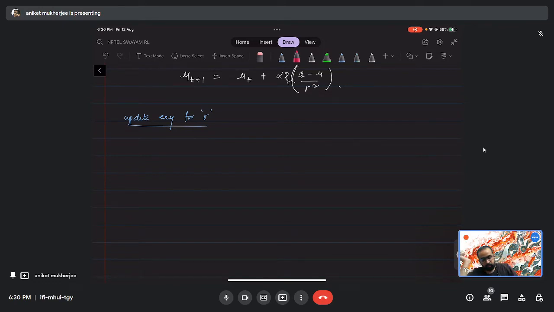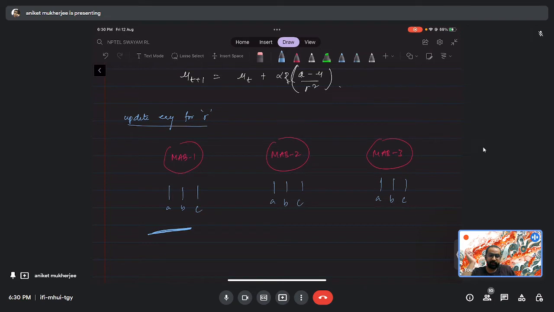So what would happen is you have maybe bandit problem 1, might have bandit problem 2, might be bandit problem 3. Now each of these has arm A, arm B, arm C. These guys each time have different reward distributions.